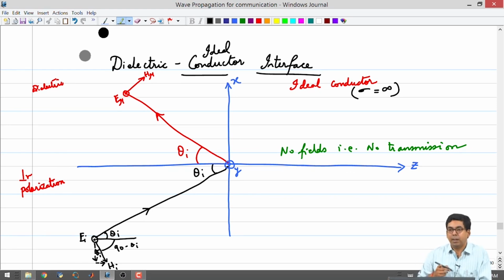And you will notice that there will be some net travel in the positive x direction, which is consistent with what we have seen. In the x direction it was a travelling wave, and in the z direction it was a standing wave pattern.